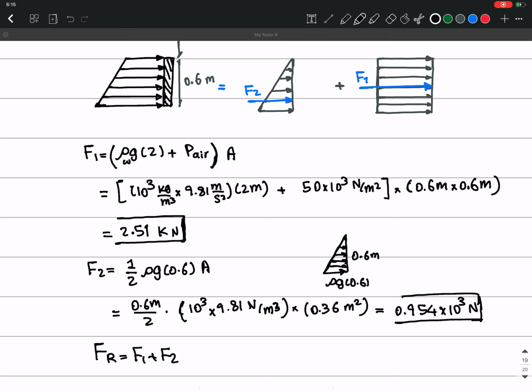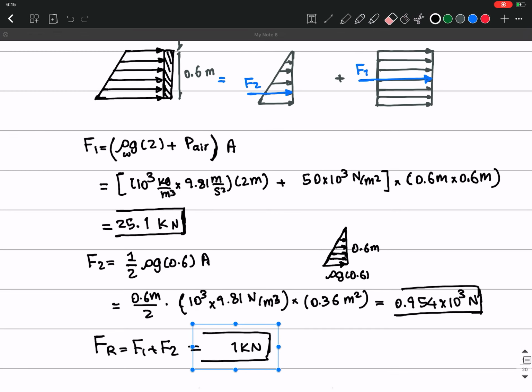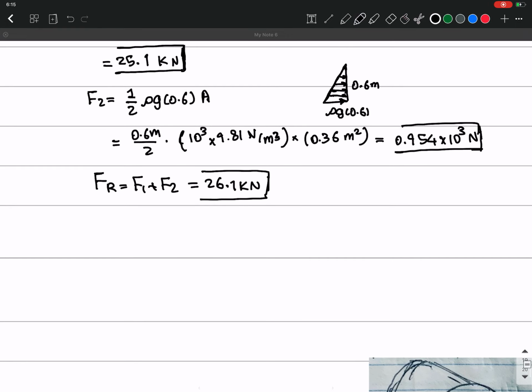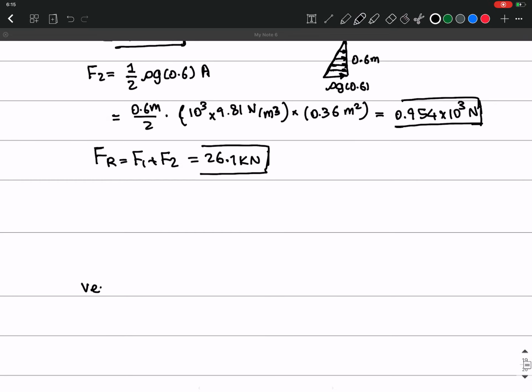F1 plus F2 is going to be 26.1 kilonewton. Okay, so vertical location of FR.